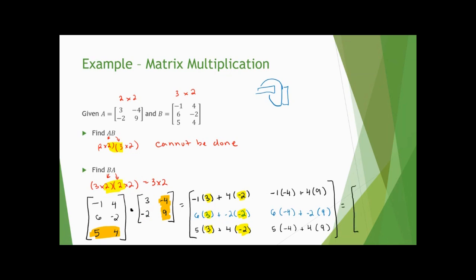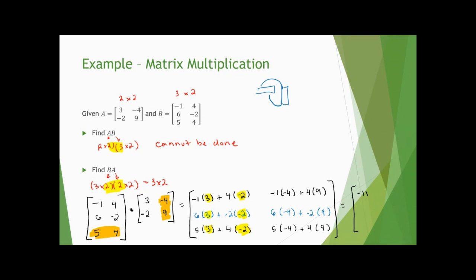You're going to end up with 3 rows, 2 columns, and it's easy enough to just do on your calculator. -1 times 3 plus 4 times -2 for that top left gives us -11. It's up to you if you want to write all the first column and then the second column, however you want to do it.